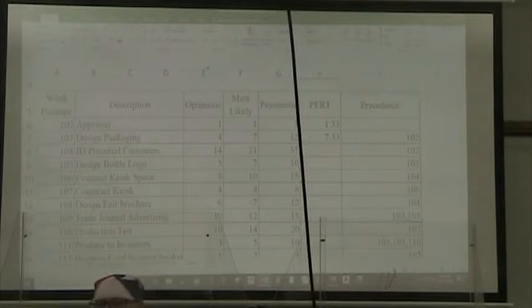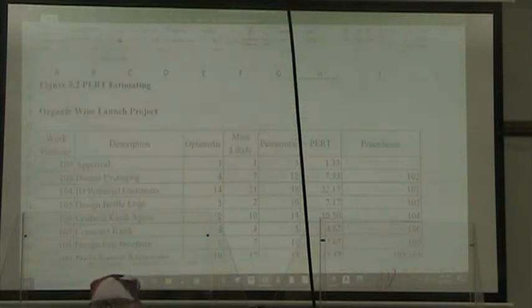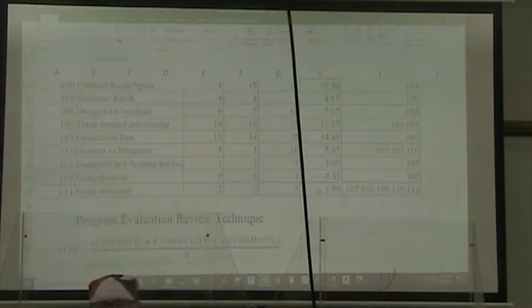All right, so I can just keep doing that all the way down, and in fact, all I'm going to do at this point is pull that down so that I have the PERT times for all of my different aspects of the project.